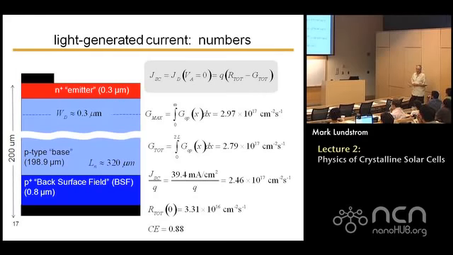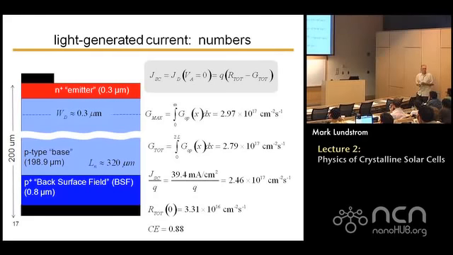That's 2.46 times 10 to the 17th. And that means that some are recombining, so the number that are recombining is 3.31 times 10 to the 16th. So the ratio of the short circuit current divided by Q to the total number of electron-hole pairs that are generated is the collection efficiency. It's the ratio of what comes out over what was generated. And that's 88%. Right?